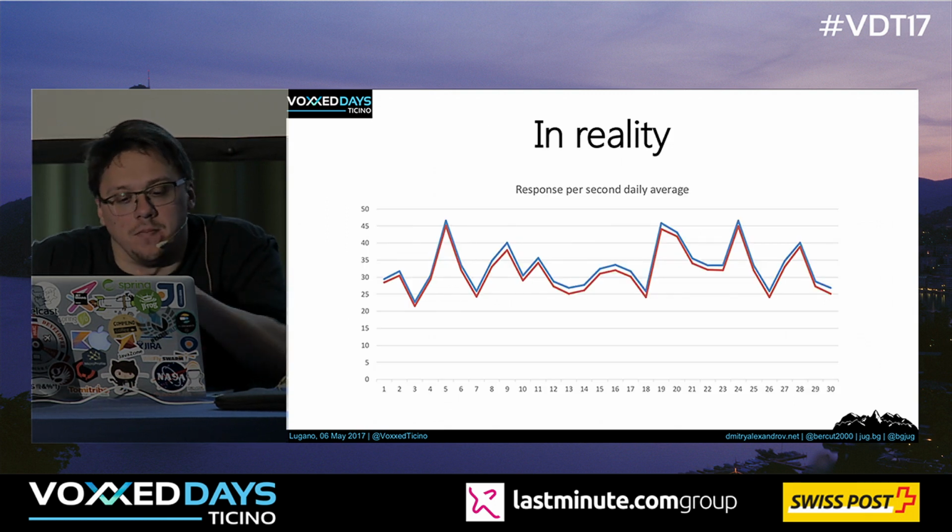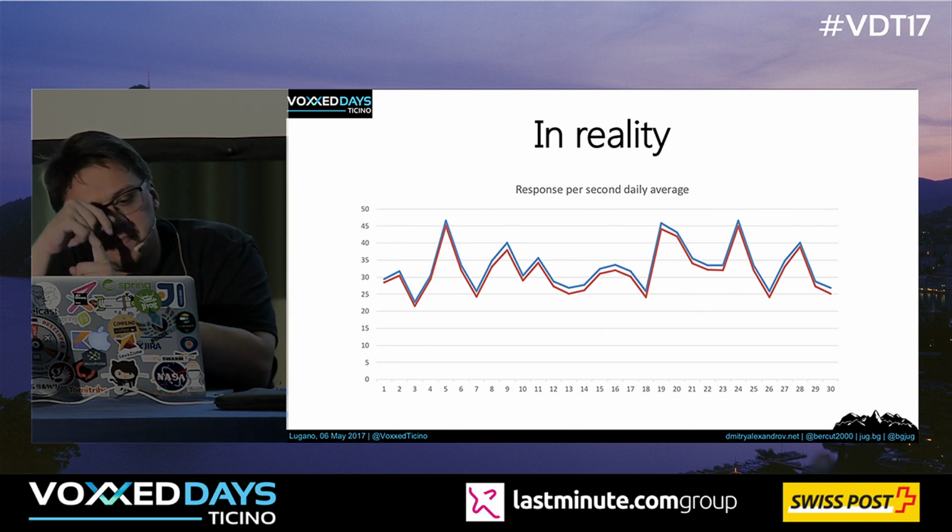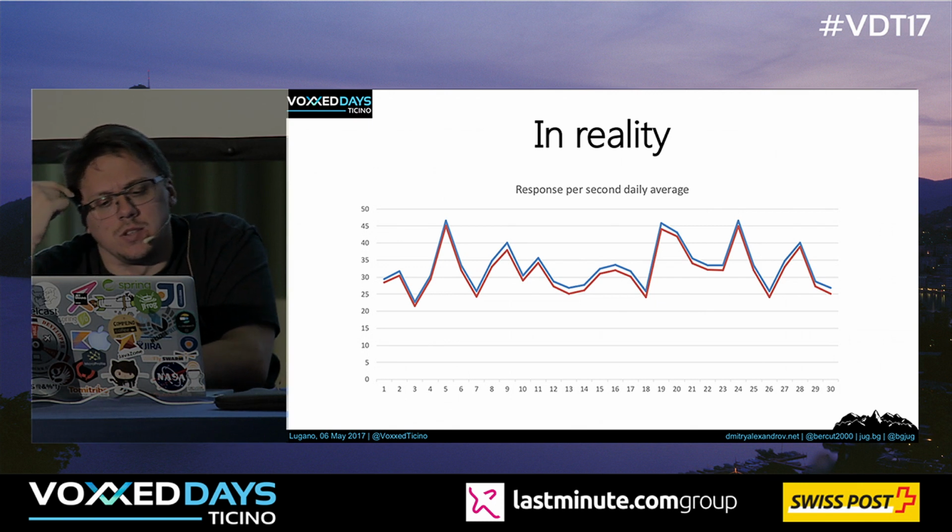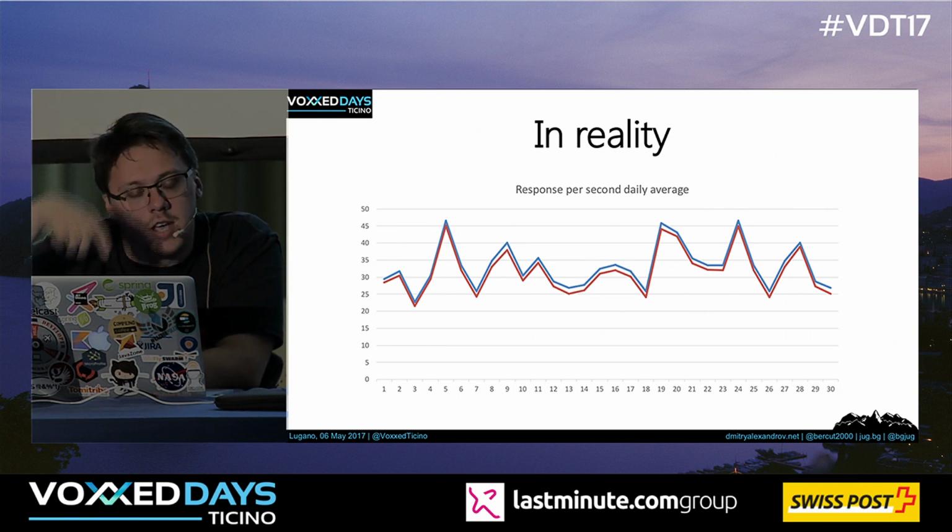And in reality, we came to one of these graphs. The blue line is actually the CompletableFuture implementation of the service that we made, which was fully asynchronous.